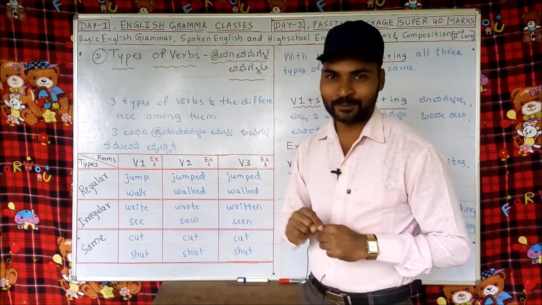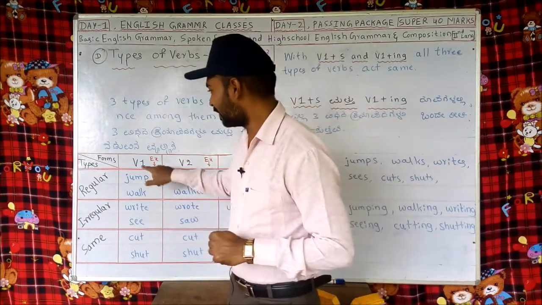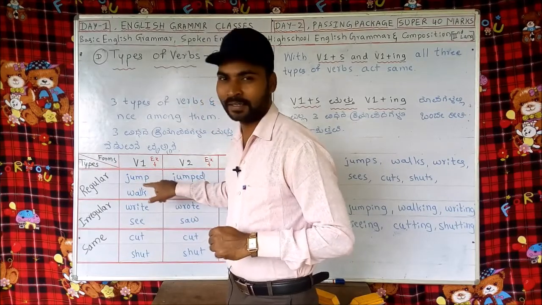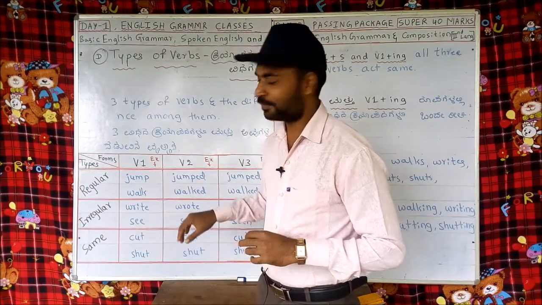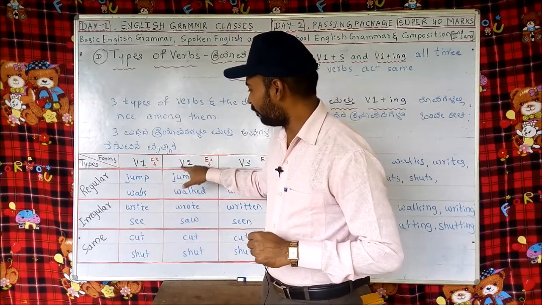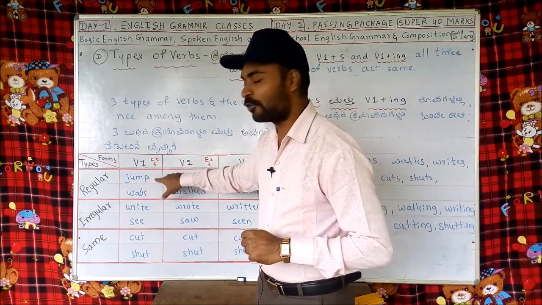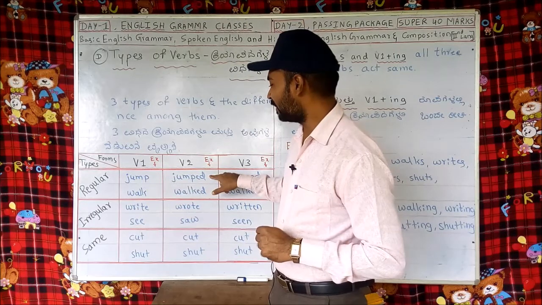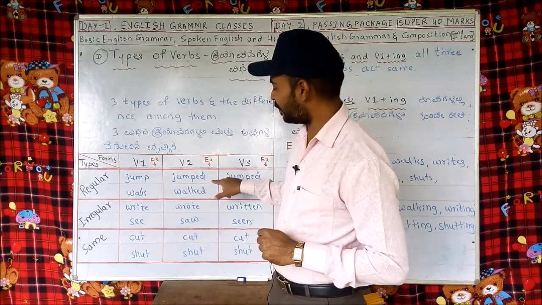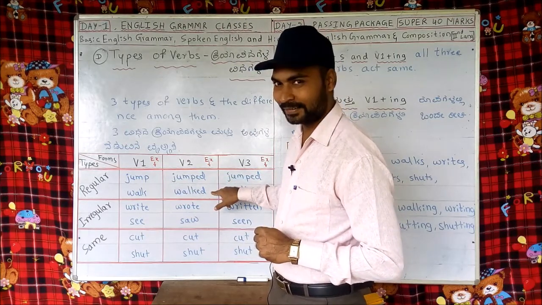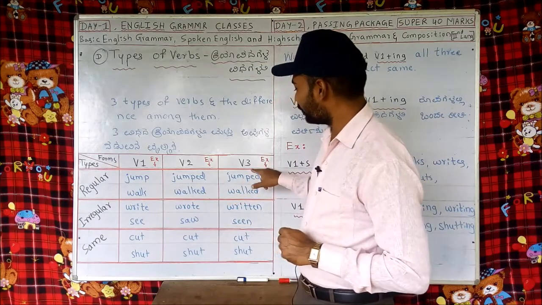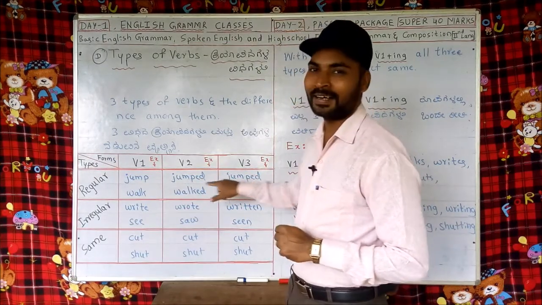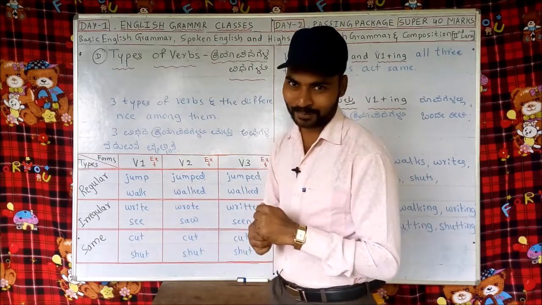Let's see them one by one. Regular. V1: jump, walk. It is the base form of the verb. V2: when the regular verbs change from V1 to V2, they change as jumped, walked. Then when it comes to V3, again jumped, walked. V2 and V3 are the same in regular verbs.